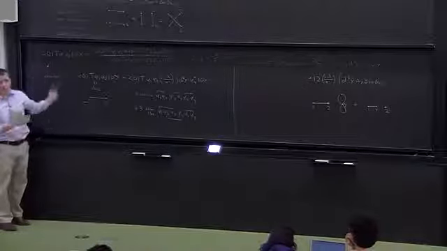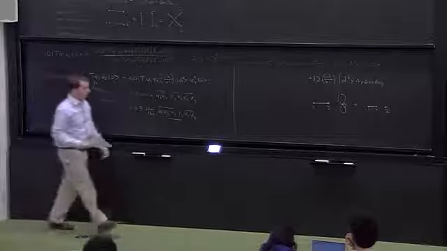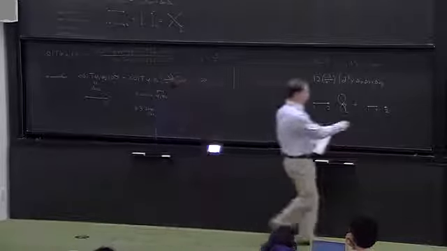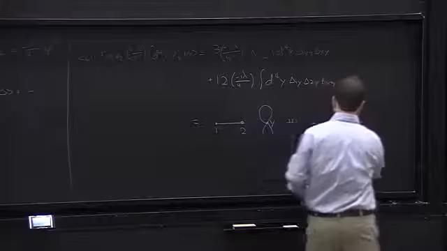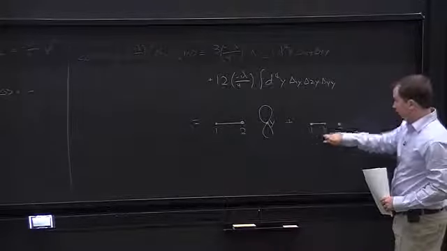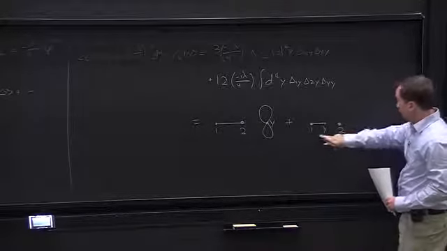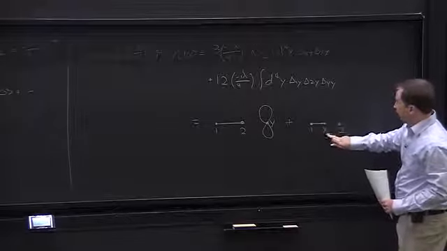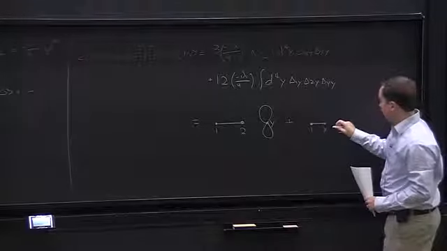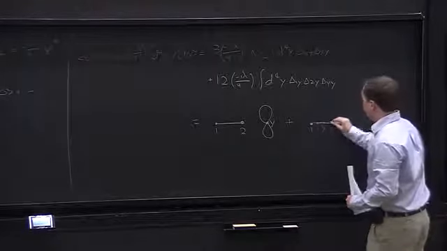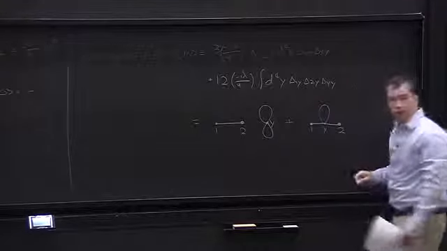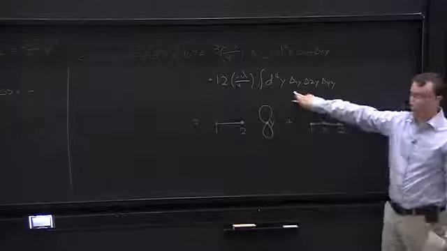The internal points, sometimes your diagrams will look much cleaner if you move them around. So I'm going to do that here. I've kept 1 and 2 in the same relative positions, but now I moved y in between, and we've got a propagator from 1 to y, from 2 to y, and another one from y to y. So this diagram represents this term.